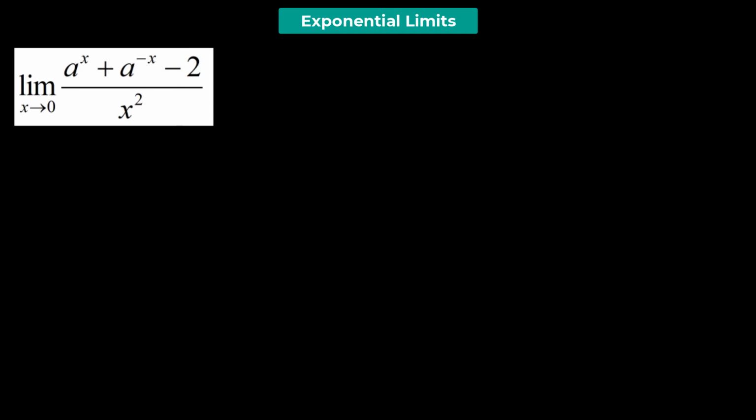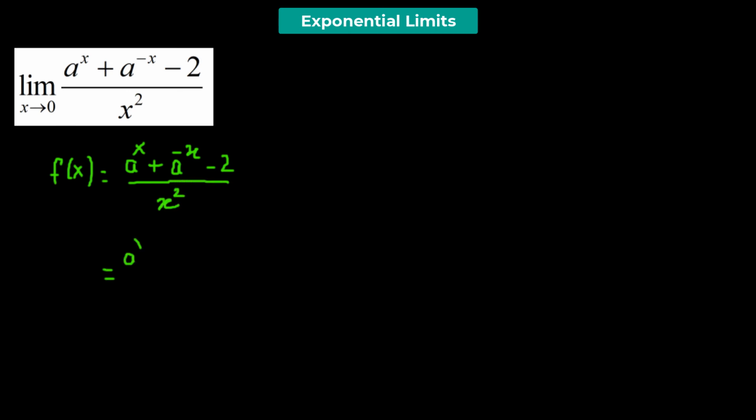So here we have another exponential function. We need to find its limiting value. So let us begin with the function. So we have f of x equals a raised to the power of x plus a raised to the power of negative x minus 2 divided by x squared.